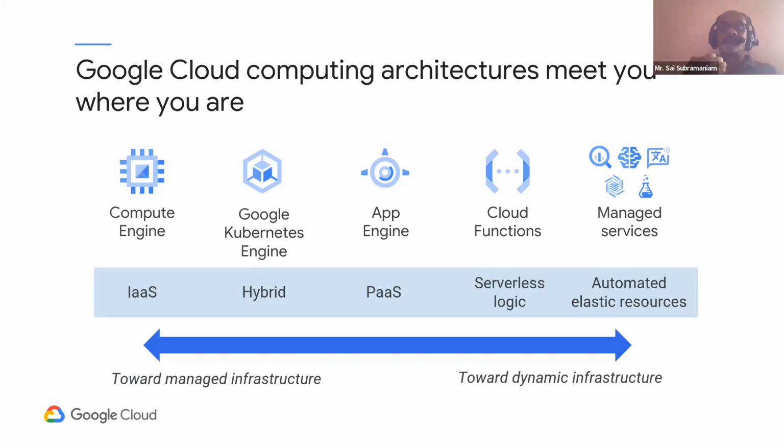Now, when I'm supposed to use the Google Cloud Platform, I decide in what architecture I'm going to deploy my business workload. In all these cases, obviously, you will come to know how effectively we can create a virtual machine. And lastly, you can see in the list managed services.